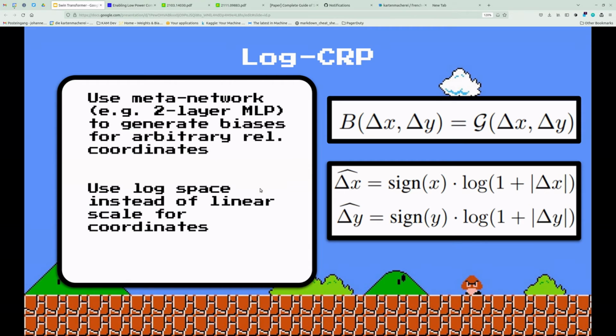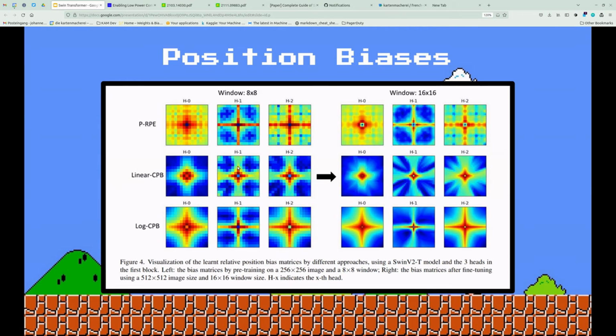I didn't have much time to think about this before the presentation, but there are nice visualizations in the paper about just this. Here we have a local window of size 8 by 8, and then we have the version 1 positional embeddings, then these continuous positional biases from version 2, in the linear space and then in the log space.